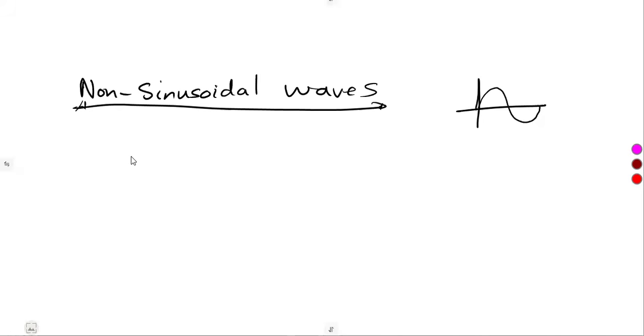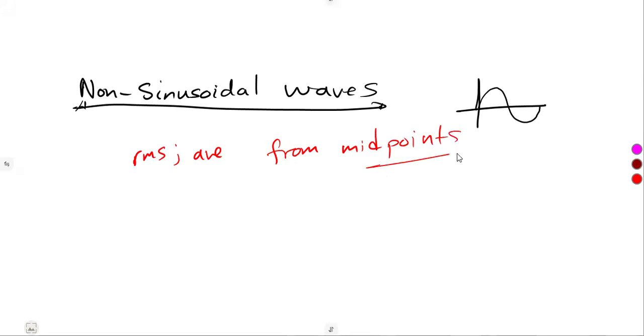No. They are going to give us midpoints. Remember, from your N2, you are going to calculate the RMS value and the average value from midpoints.